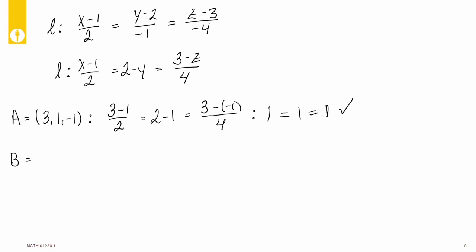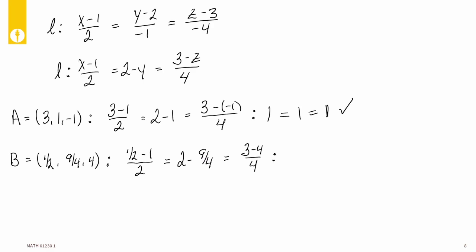Now point B. Yes, let's throw fractions in there, because why not? Half minus 1 over 2 has to equal 2 minus 9/4, which has to equal 3 minus 4 over 4.